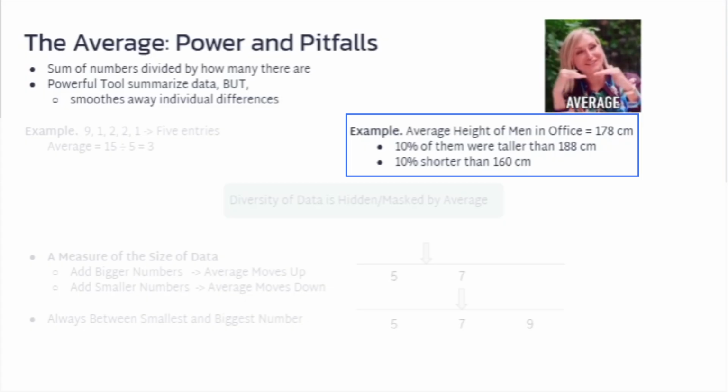But you will realize by looking closely at the data that 10% of them were taller than 188, and 10% were shorter than 160 centimeters.